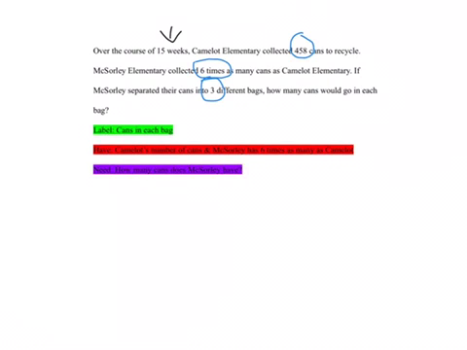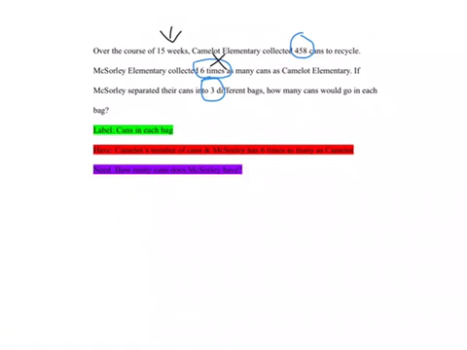Okay, so I'm going to figure out what operations to use. Camelot Elementary collected 458 cans to recycle. McSorley Elementary collected 6 times as many cans. 6 times tells me I'm going to multiply.